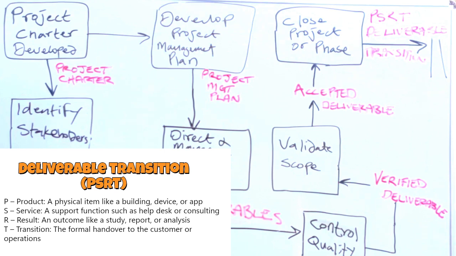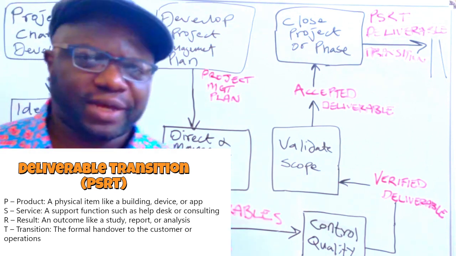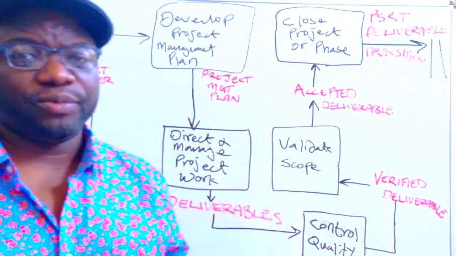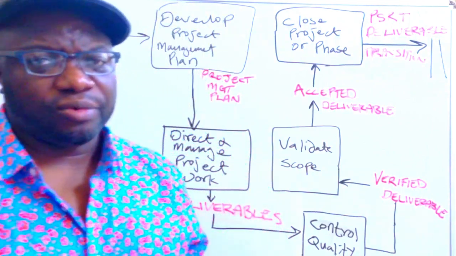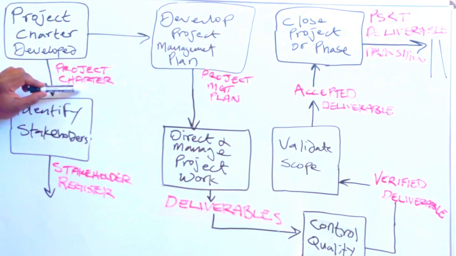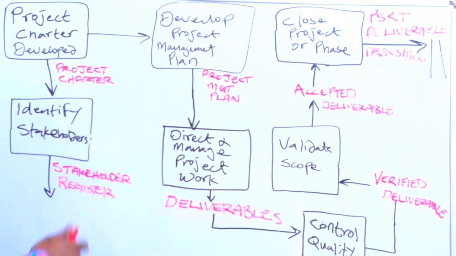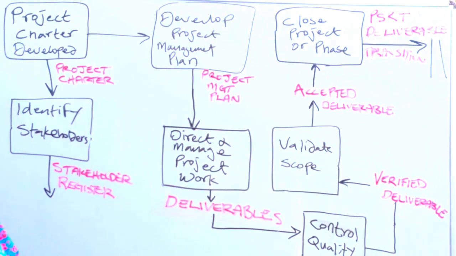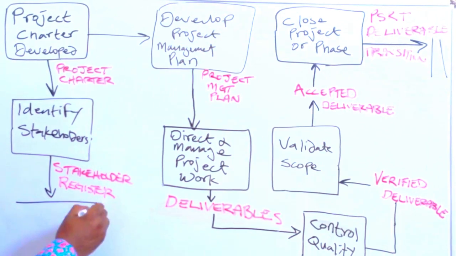Okay? So, my friends, over the past number of minutes, we've been taking a look at how project management works. Let's go through it one by one. A project charter is developed. The project charter is used to identify stakeholders. This stakeholder register could go to several other processes.